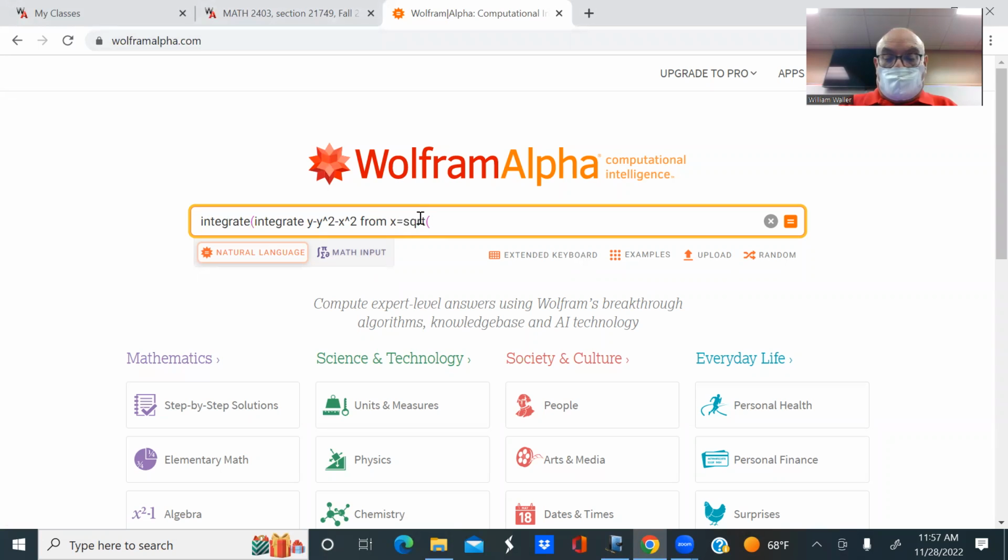The bottom one was minus the square root of, and what was it? The square root of y minus y squared. Okay, and then just the conjugate of that. So y equals the square root of, same thing.